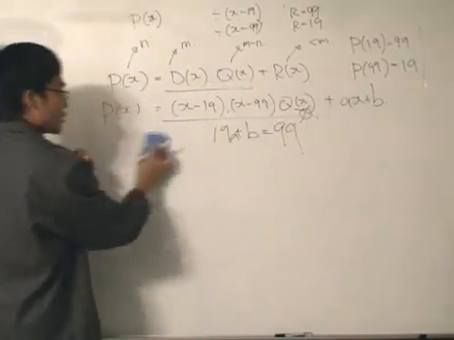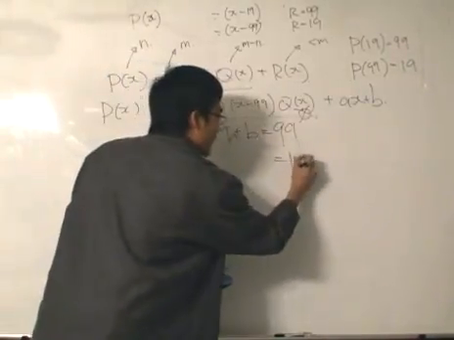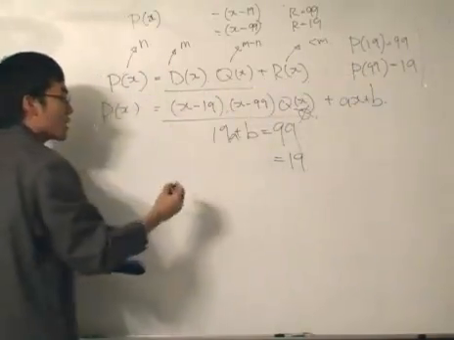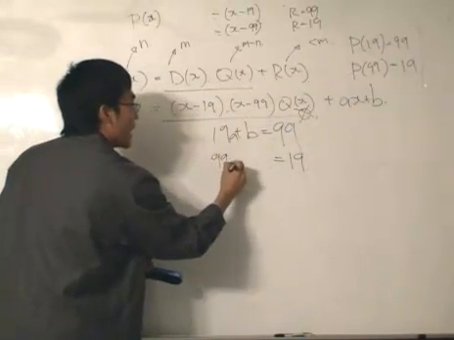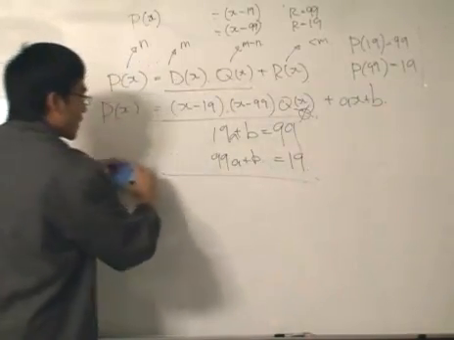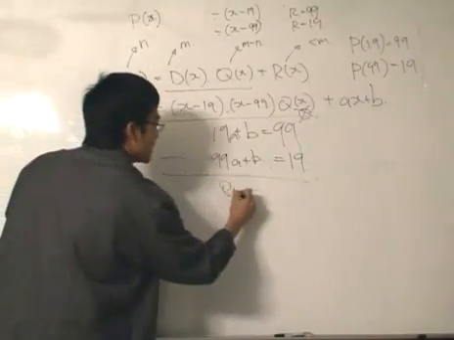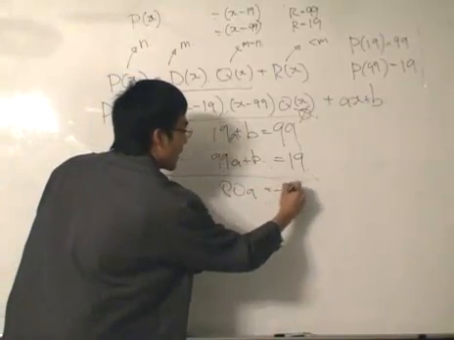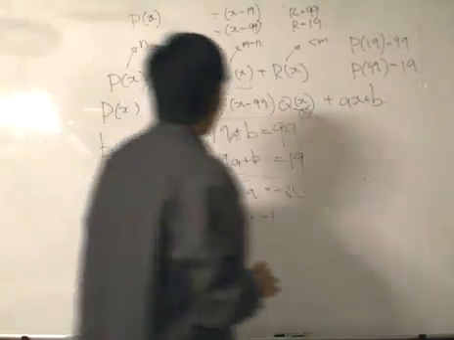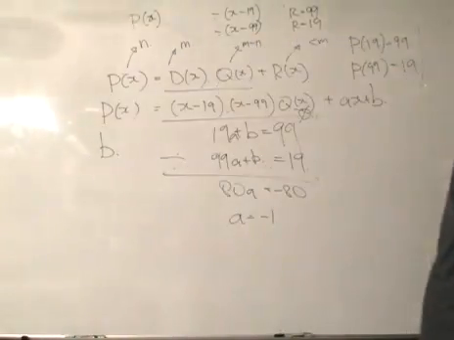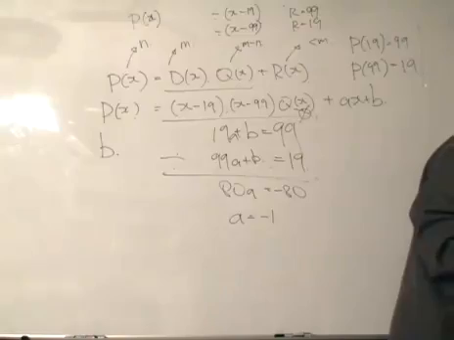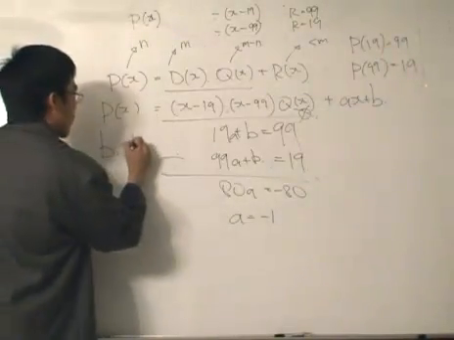Now, doing so for 99, letting x be 99, I eliminate this one again because of this one over here. So I will get 99a plus b. Oh, sorry, I've subtracted this one from this one, so I got 80a equals minus 80, a equals minus 1, and b is equal to, let me just have a quick check. b is equal to 118.